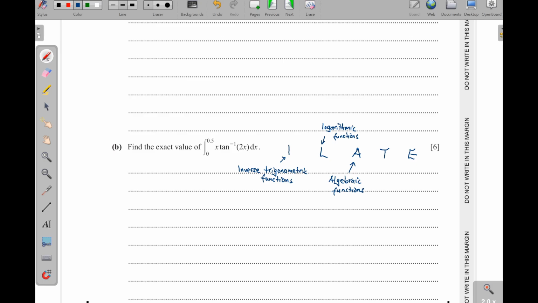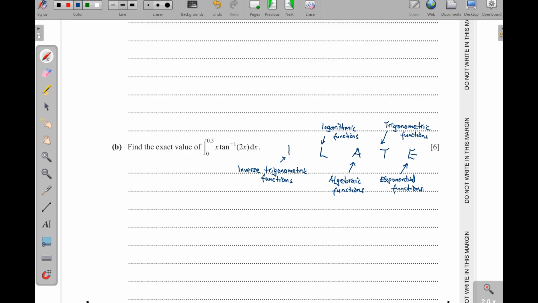And then T here represents trigonometric functions. And by the way, trigonometric functions are different from inverse, okay? Then this one here is for exponential functions. Okay, now the one that comes before the other is the one we differentiate.